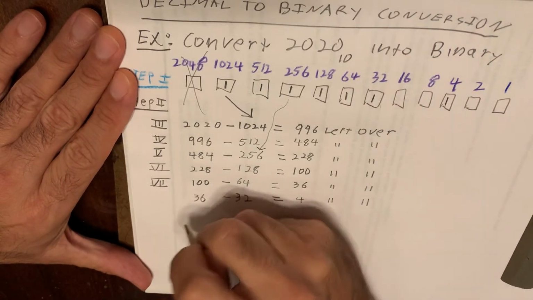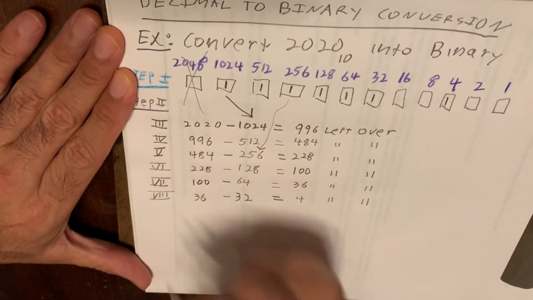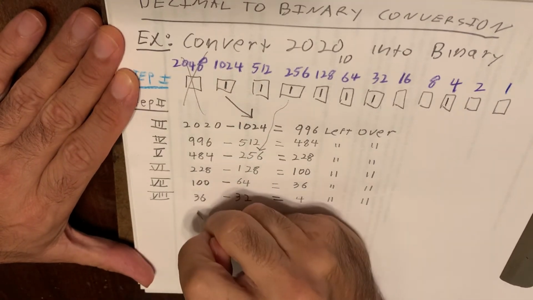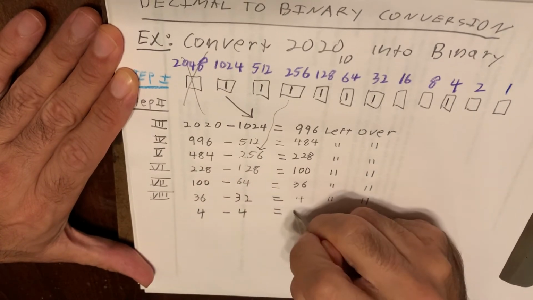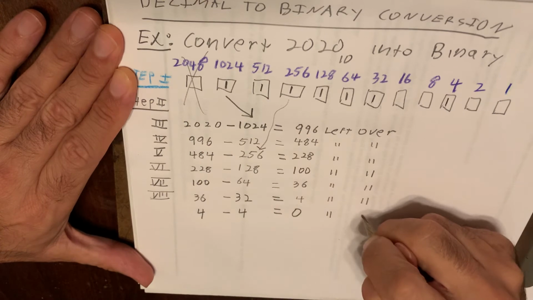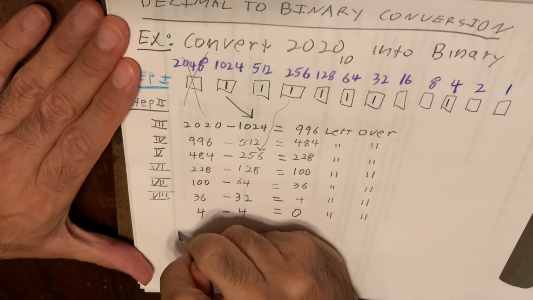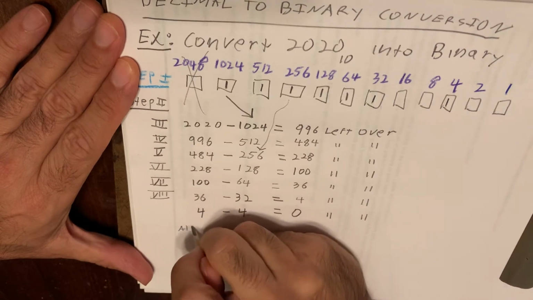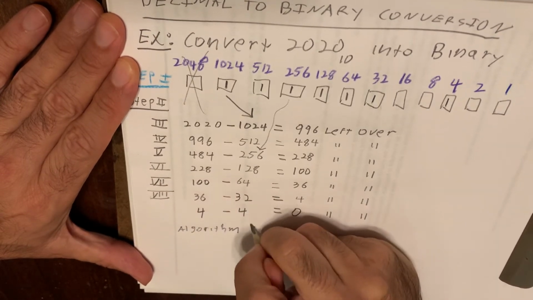And what happens in this step is we have 4 minus 4, which equals 0 left over, right? Now, when you have 0 left over, the algorithm terminates.